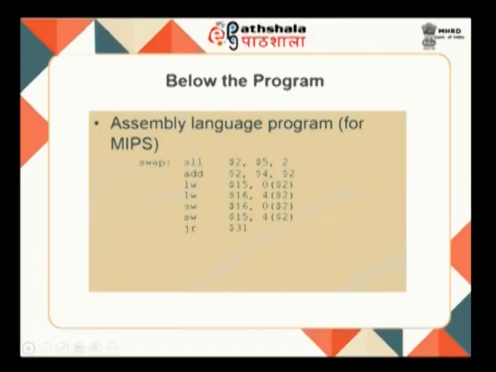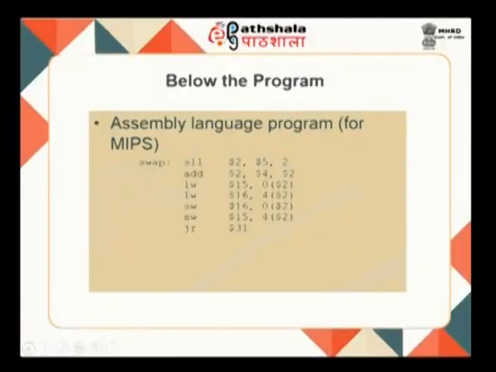You find that this consists of a number of instructions like SLL, add, LW, which is a load, SW, which is a store, and so on. Whatever you had written in high level language has now been translated into a set of instructions which are specific to the MIPS architecture. All these instructions shown here are part of the instruction set architecture of the MIPS processor.